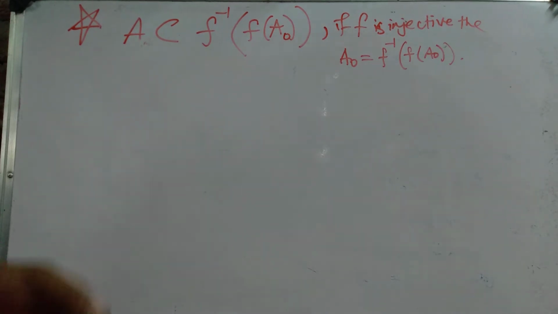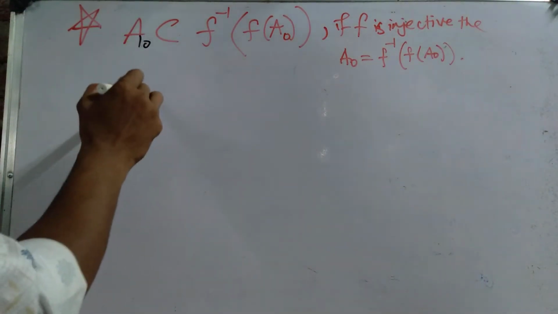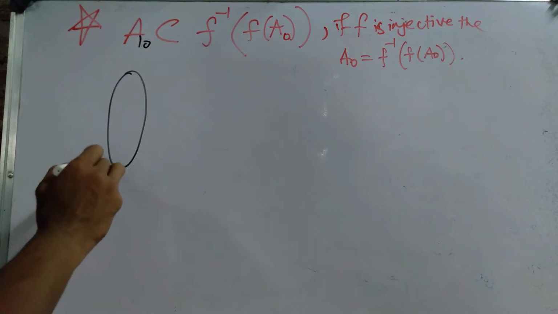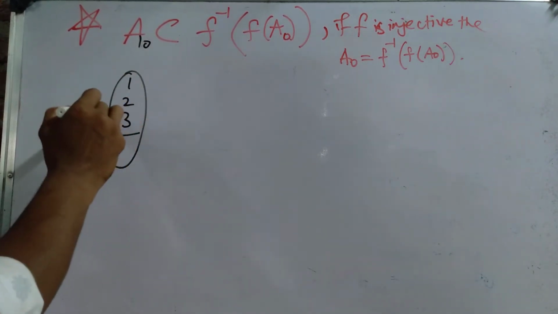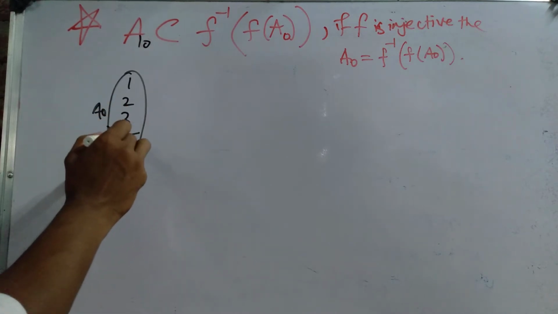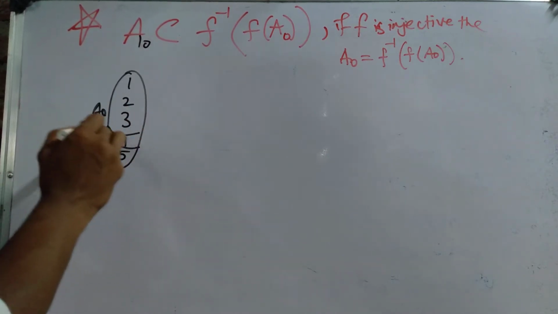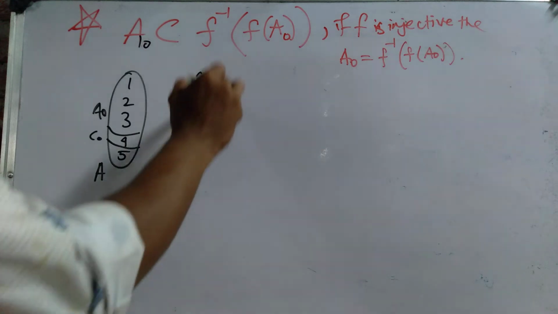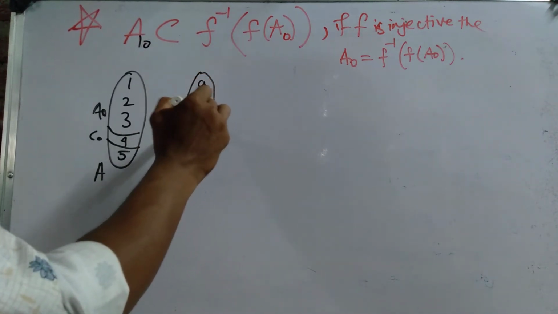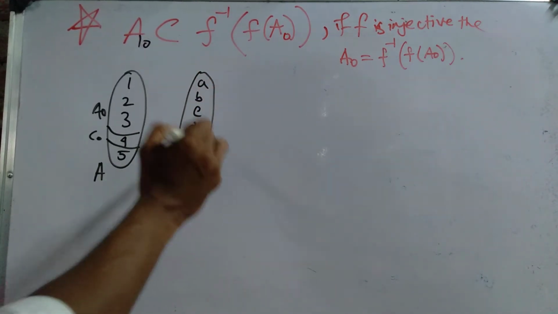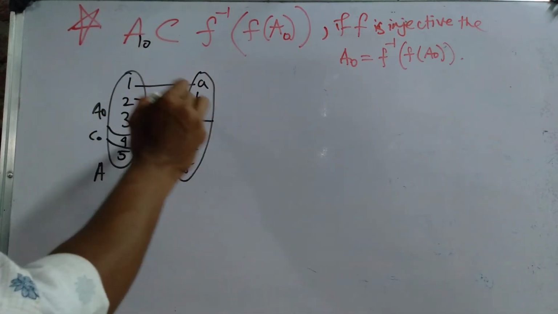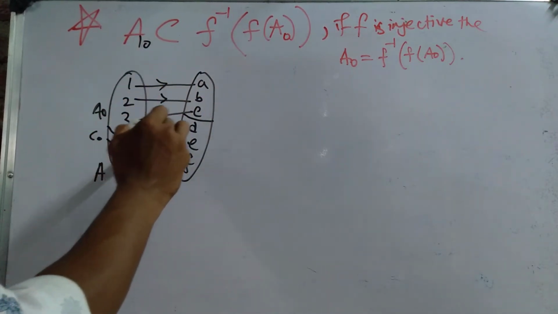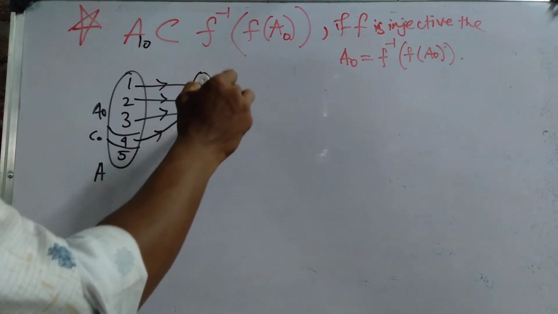We see this one is A: 1, 2, 3 is A0, 4, 5; here C0; here A, B, C, D, E, F; A, B, C, 1, 2, 3, done. 4 is C, f of A0.